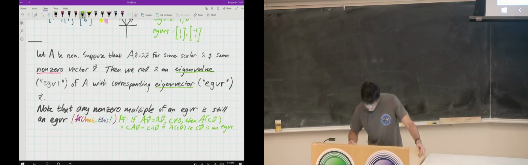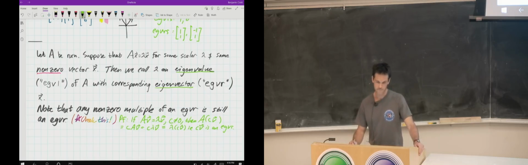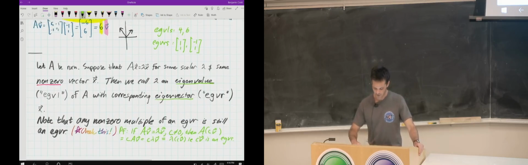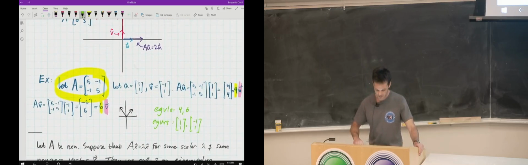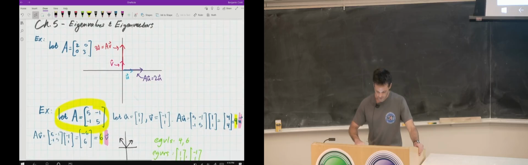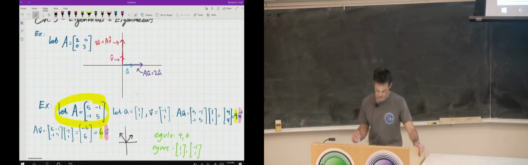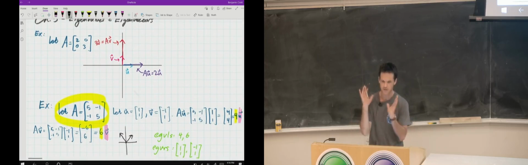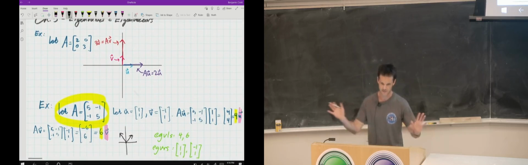What is the geometric significance of eigenvalues and eigenvectors? Well, good question. That's what I was trying to show you with the two motivating examples. We're trying to find the directions along which the matrix acts.